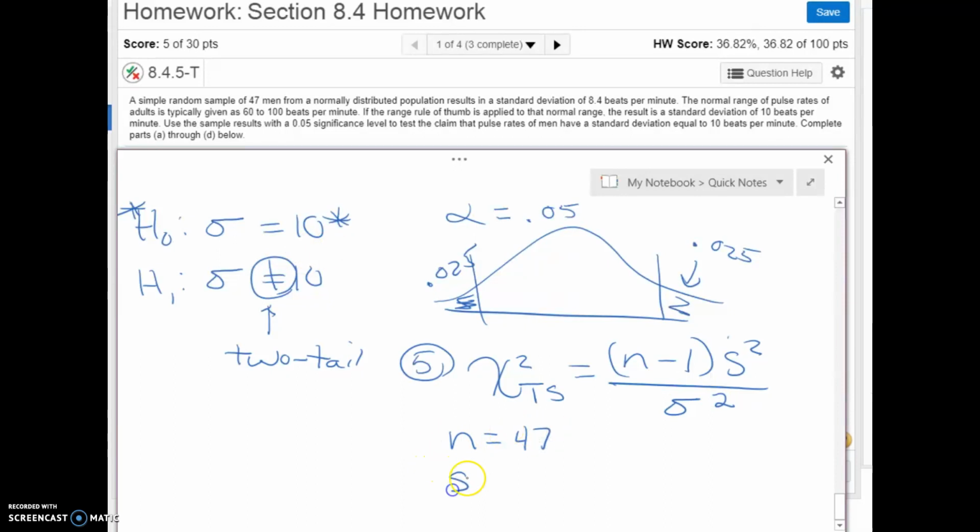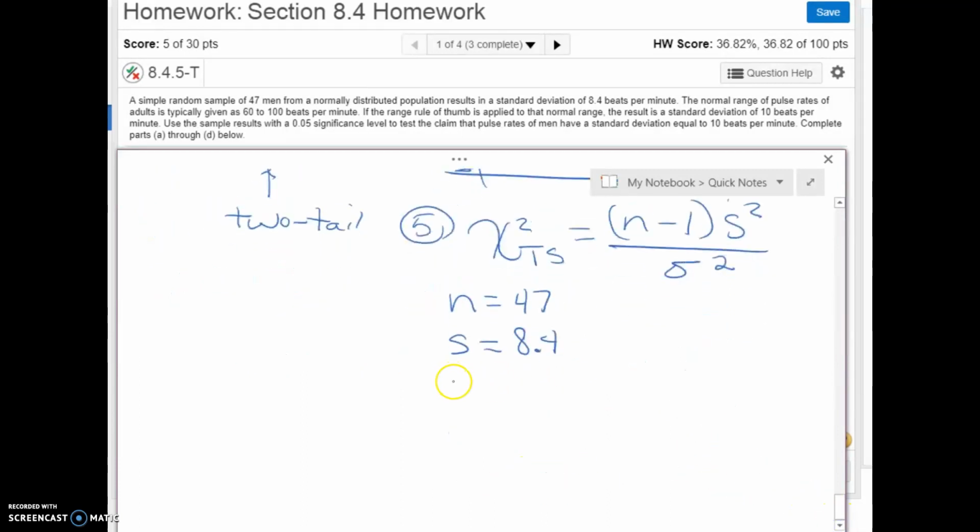I know my sample standard deviation is 8.4, and my population standard deviation comes from my claim, which is 10. So n minus 1 will be 46, and then I'm going to have 8.4 squared, and then I'm going to have 10 squared.